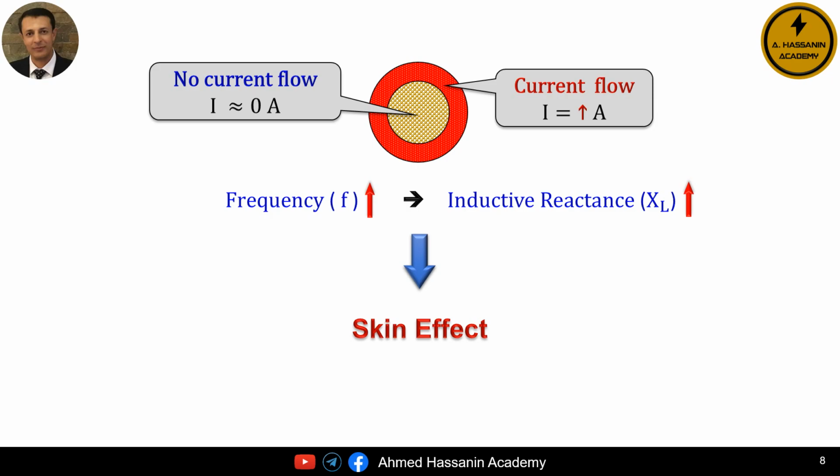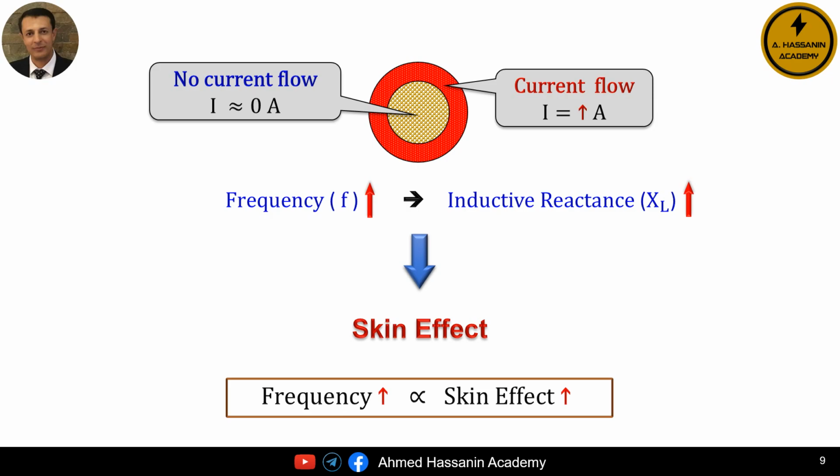As we said, this happens for two reasons. The first reason is the presence of inductance, and the second reason is the presence of frequency, which increases the inductive reactance inside the core of the conductor, thus pushing the alternating current to flow in the outer layers of the conductor's surface.